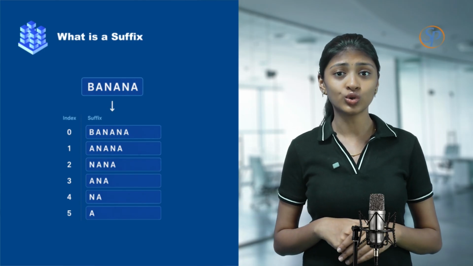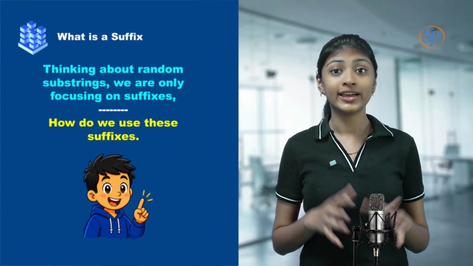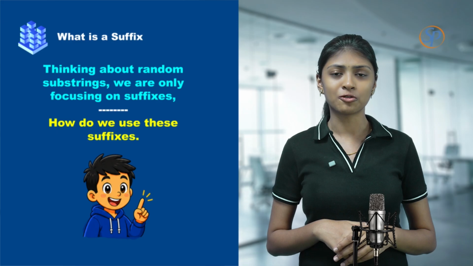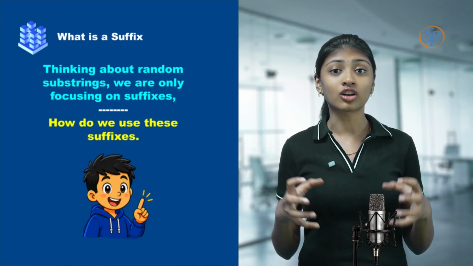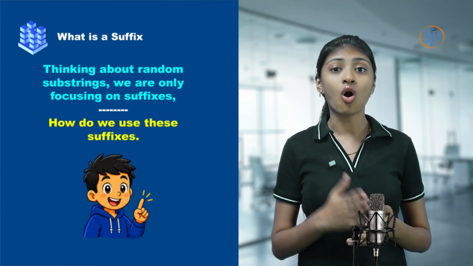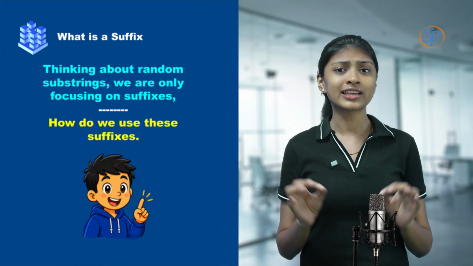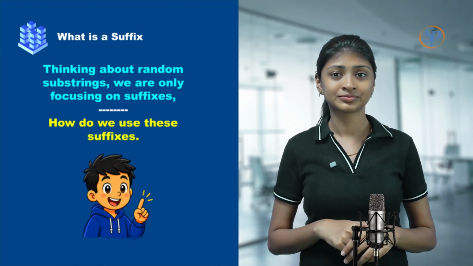From index 2, you get N-A-N-A, and so on. So, instead of thinking about random substrings, we are only focusing on suffixes because they give a structured way to represent all possible substrings. Now, the next question becomes, how do we use this suffix?